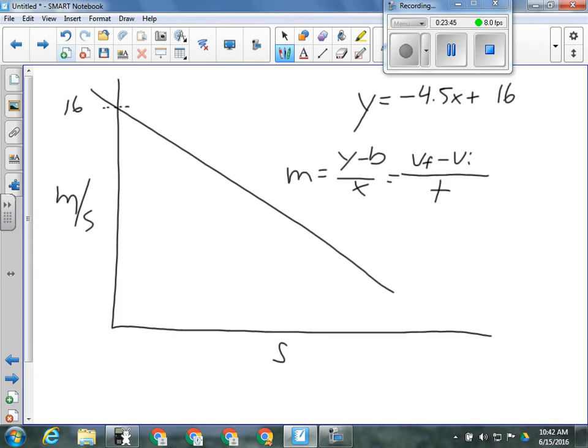The last thing I might ask you would be, what's the displacement of the object to, let's say, time 15 seconds. So let's say that time 15 seconds just happens to be at the end of this line. How do I find the displacement of something from this kind of graph? I calculate the area underneath the line.